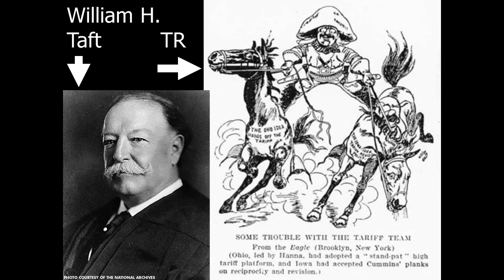Kind of like how even when Trump does something bad that people don't like, the other half still like him for it because he's being different. It's very strange. But at the time, it was kind of the same situation. You had somebody who was really damaging the Republican Party by going out and forming his own party to take away votes, but people still loved him for it because he was more progressive than Taft was.